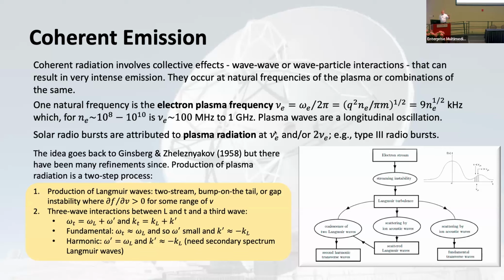But because the corona and the interplanetary medium have a finite temperature, the medium is dispersive. And so these plasma waves can propagate around.